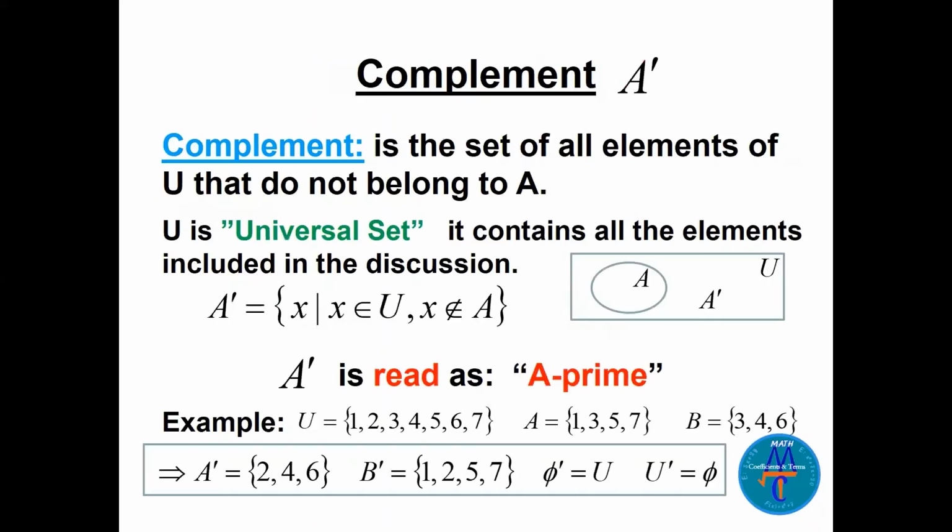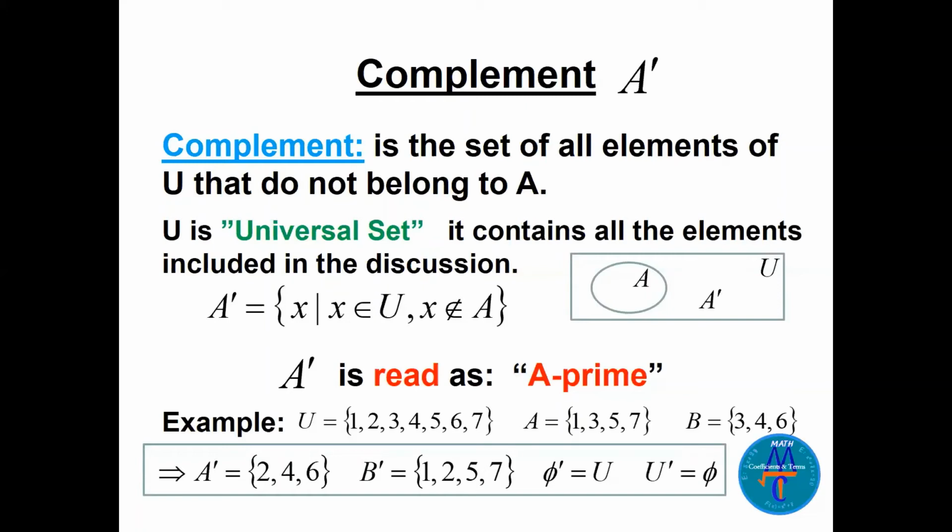Let's see, complement. See, to read this, in the middle of the page here, you can see A complement. We read it as A prime. But listen for the definition. Complement, C-O-M-P-L-E-M-E-N-T.